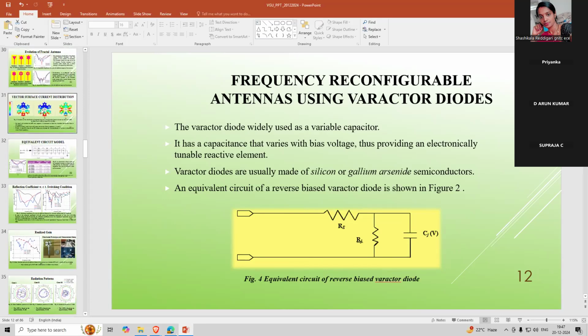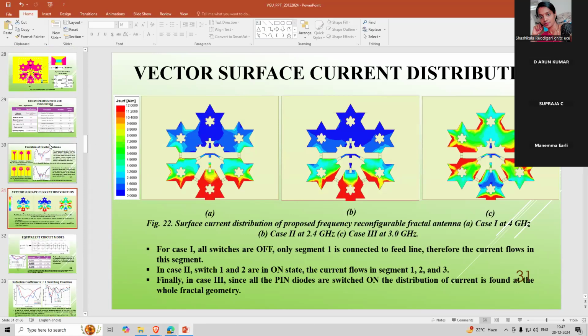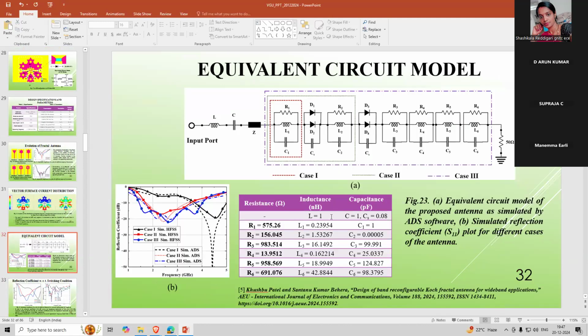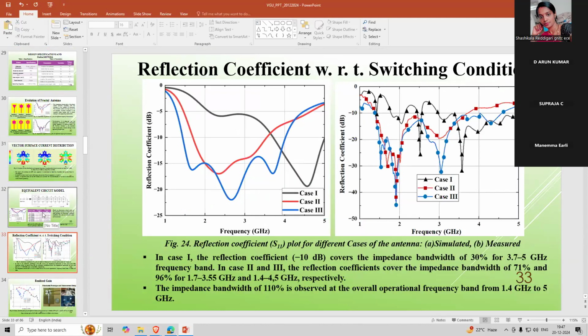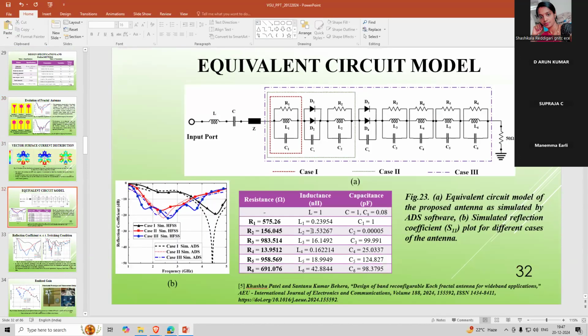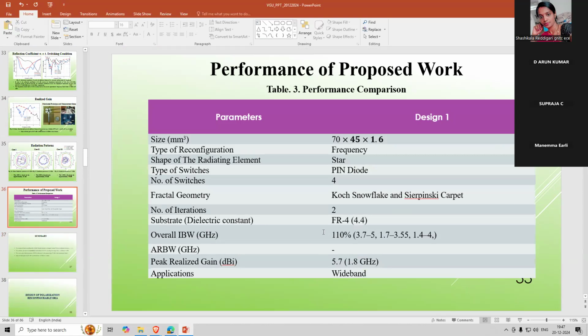I think we have discussed this in fractal somewhere. Just one second, first fractal frequency control, somewhere it is discussed. Just one second. This is 110%.